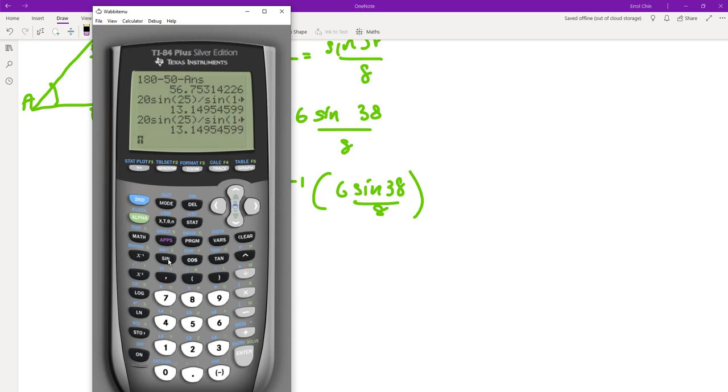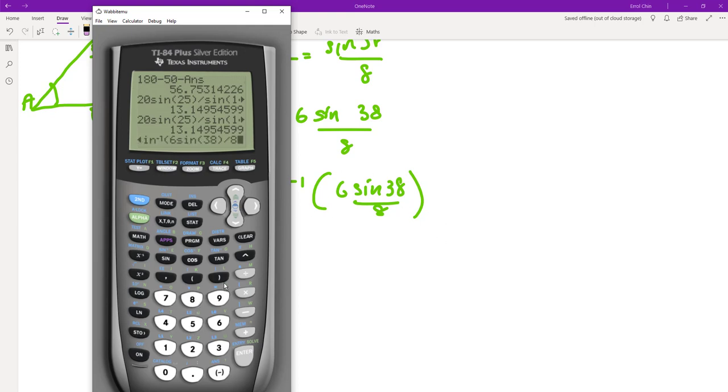So second function, sine inverse. And notice it's got a bracket, so it's going to be 6 sine 38. So you got to be extra careful. There's 2 sets of brackets that you need to close. Oops, sorry. Divided by 8, okay? So the open bracket, you have to punch all of this in.